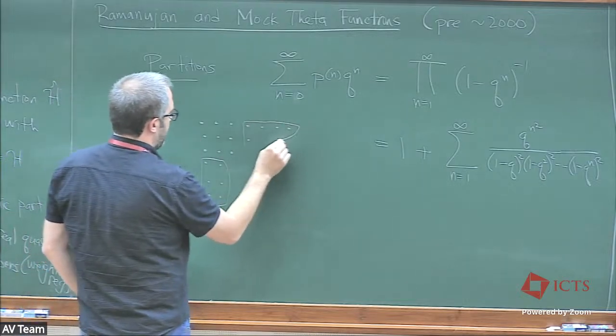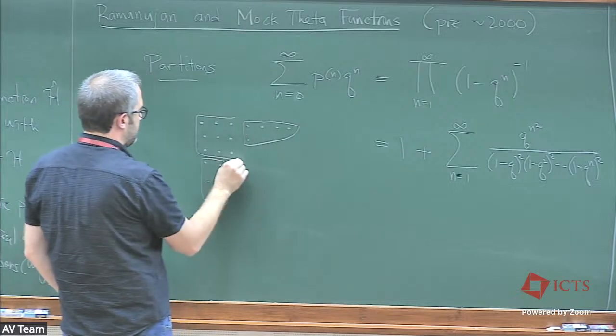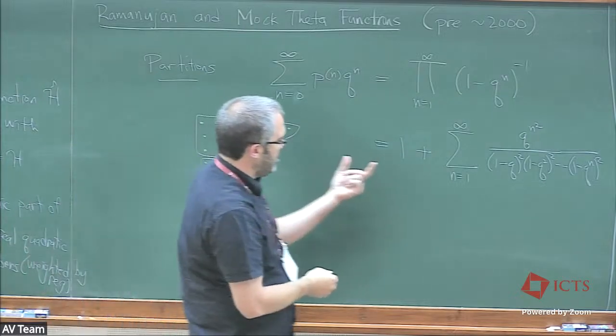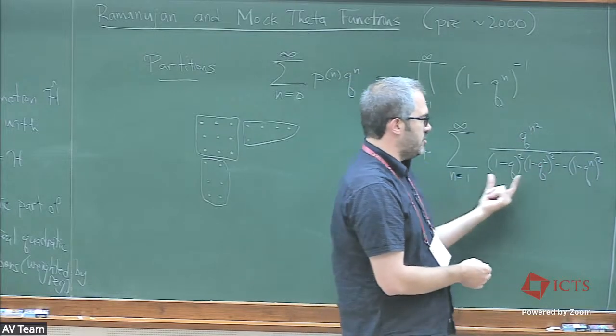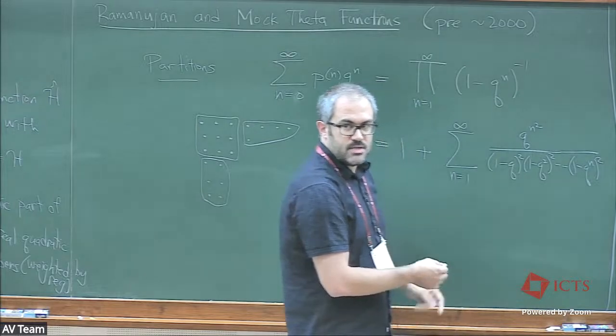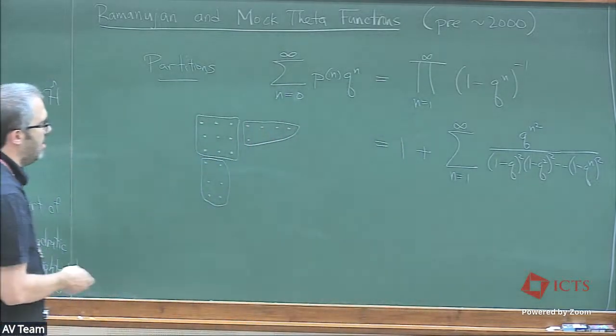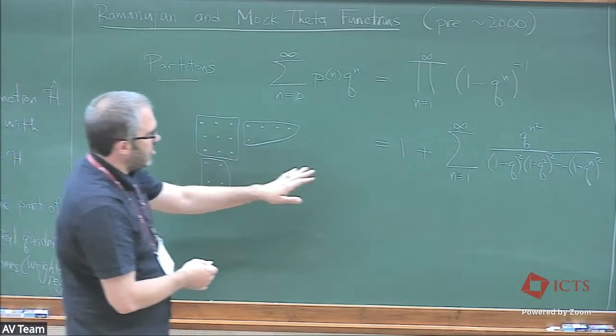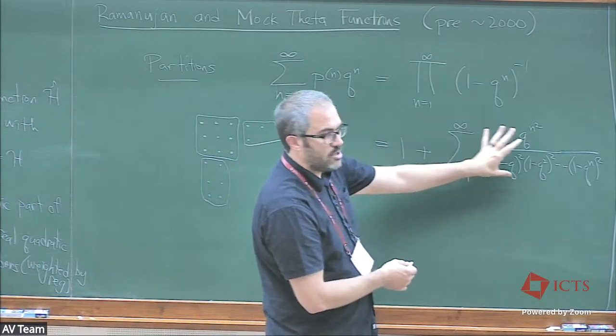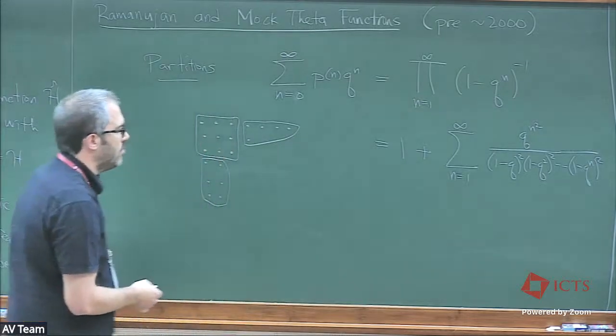And so by breaking a partition into these 3 pieces, there's the n squared from the Durfee square, and then we have 2 partitions into fewer than n parts. This formula, or something very similar to it, is going to appear again very soon. So that's why I wanted to bring it up.